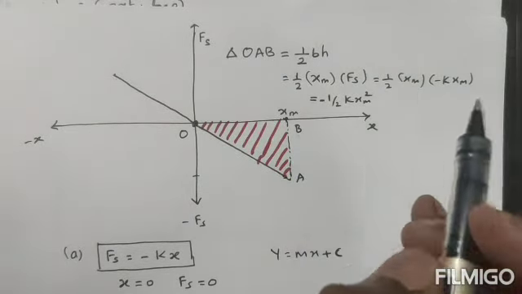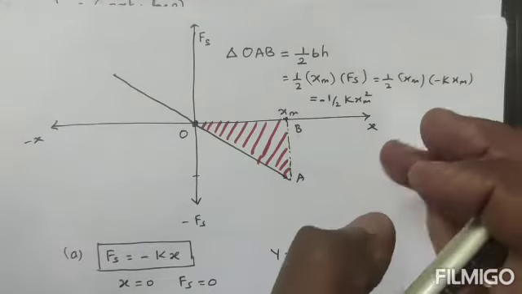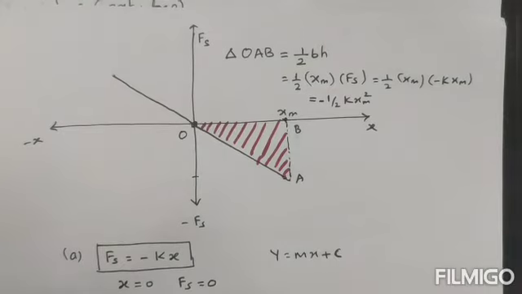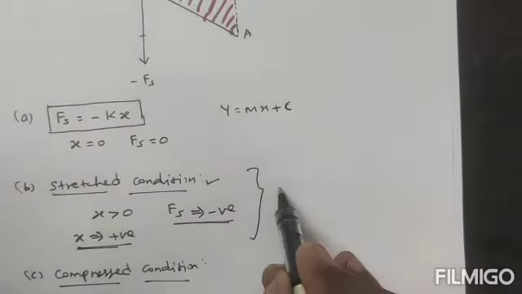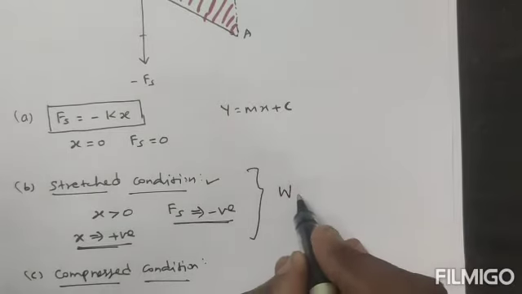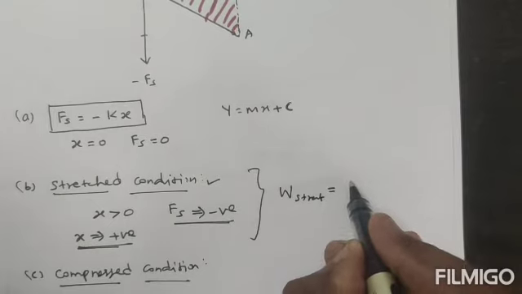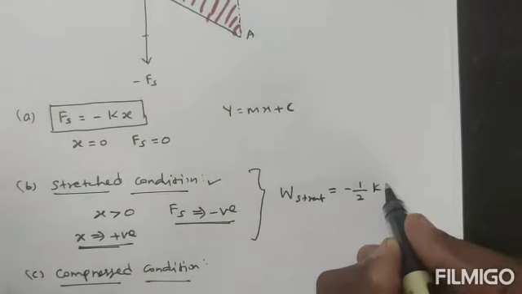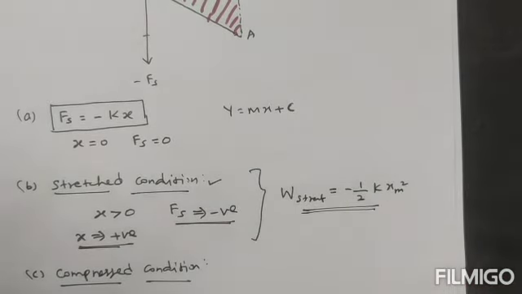Okay, this is the work done in the stretched condition. So in the stretched condition, we calculated the work done by using the graphical diagram: work done due to the stretched condition is equal to minus half k Xm squared.